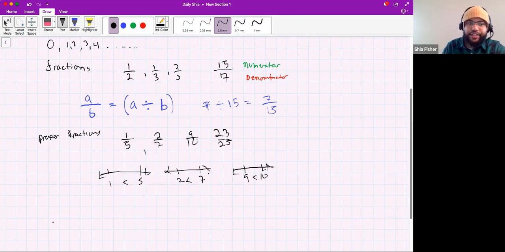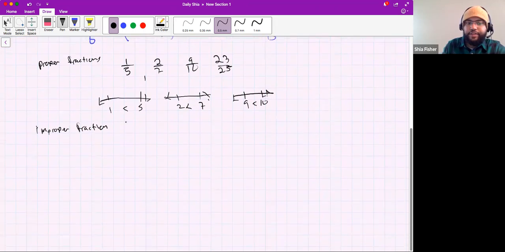So if there are proper fractions, then there are also improper fractions. And if you're already guessing what that might mean, it's where the top number is bigger than the bottom number. So like 3/2 would be an example. Or I shouldn't say bigger than, because it could even be equal to. So like 5/5, the numerator and denominator are the same number, but it's still an improper fraction because, strictly speaking, 5 is not less than 5, 5 is equal to 5.